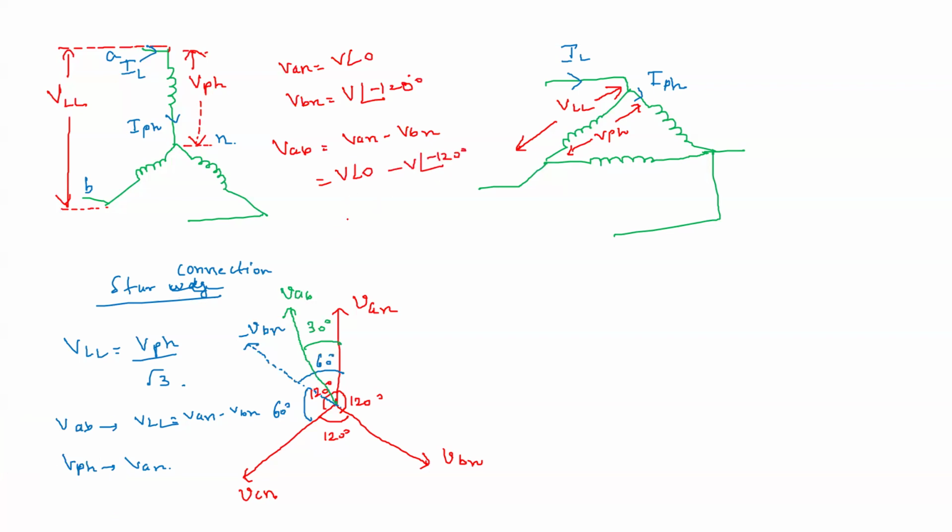If you do the vector addition, you will get root 3 V angle 30 degrees.